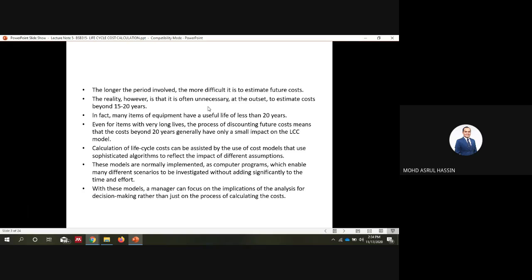The models are normally implemented as computer programs which enable many different scenarios to be investigated without adding significantly to the time and effort. With this model, a manager can focus on the implications of the analysis for decision making rather than just on the process of calculating the cost.